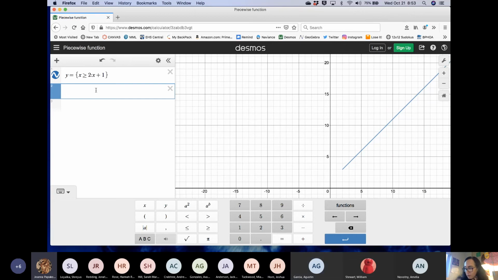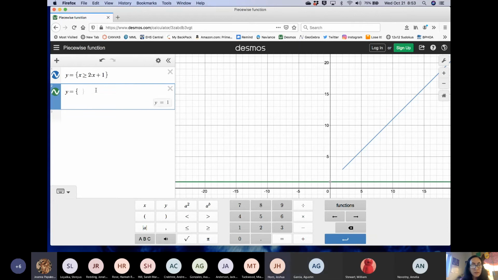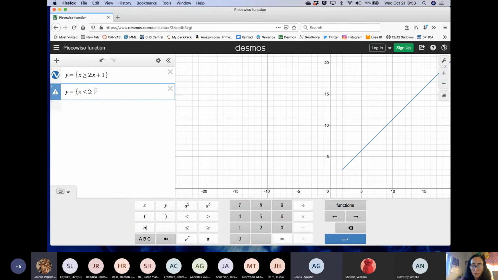Now, the second part of that rule was y of the piecewise function. The second rule was defined on all x's that were less than 2, and the rule that corresponded to those input values was negative x minus 1.